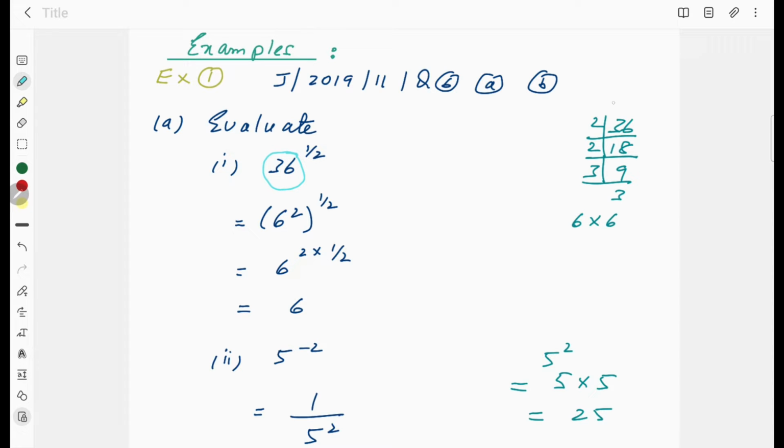So here I am taking prime factors of 36, and this prime factor is 2 times 2 times 3 times 3. I can see it is 6 coming 2 times. So I can write 6 power 2 in place of 36. And if I do so, power raised to the power get multiplied and 2 get cancelled. And the answer is 6 raised to the power 1, which is simply 6.